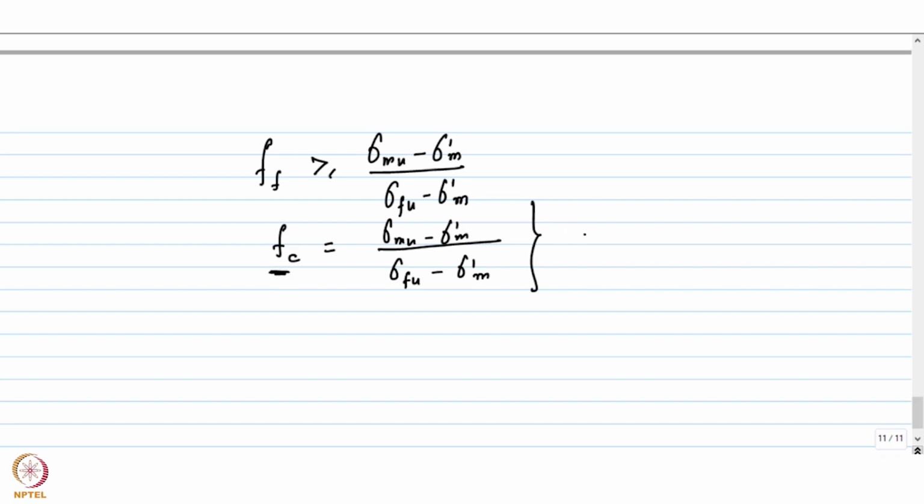Okay, then only you can expect to have some benefit in terms of the strength.